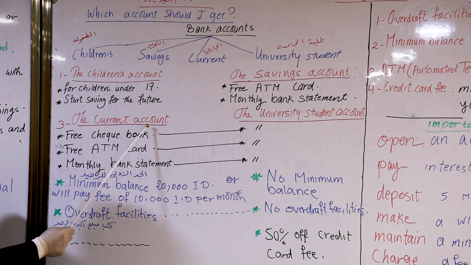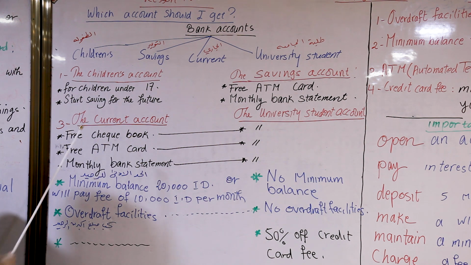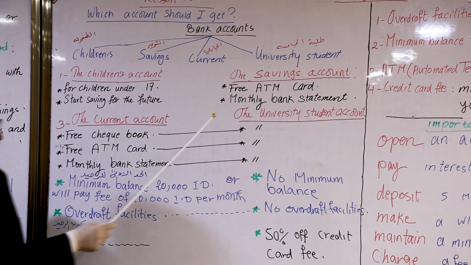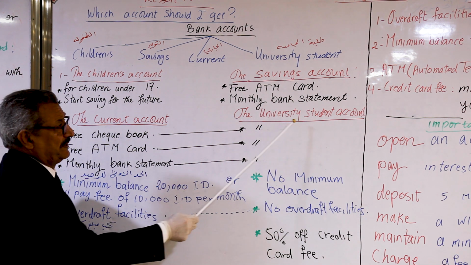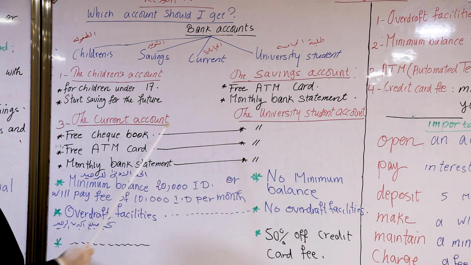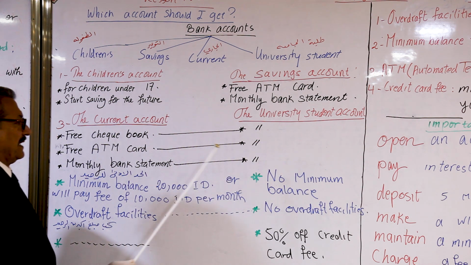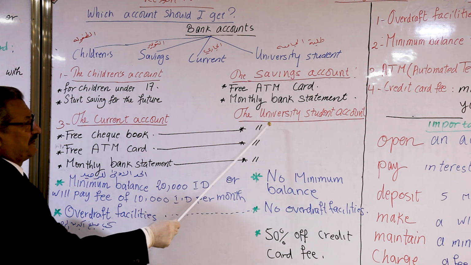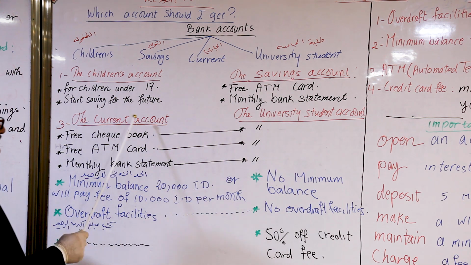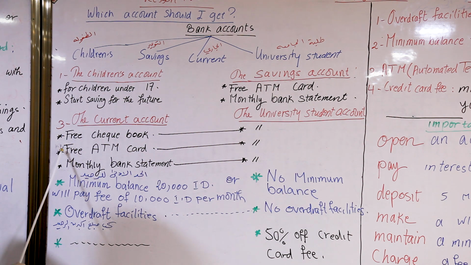In the current account, we have a free checkbook, دفتر شيكات مجاني, a free ATM card, بطاقة سحب مجانية, و monthly bank statement وكشف حساب شهري. كذلك بالنسبة لحساب طلبة الجامعة, the university student account. We are given a free checkbook, a free ATM card, a monthly bank statement. Both accounts are similar by the first 3 points.